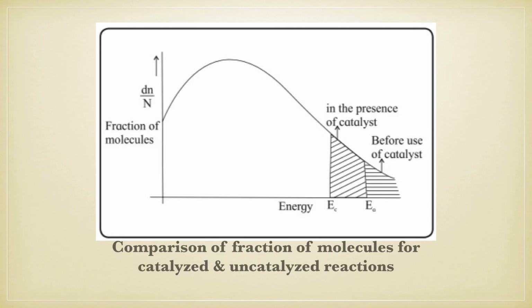That means more molecules will acquire the minimum amount of energy required to cross the barrier. As a result, the reaction will be completed sooner. The fraction of activated molecules is greater for the catalyzed reaction. So the rate of the catalyzed reaction is larger than the reaction with no catalyst.